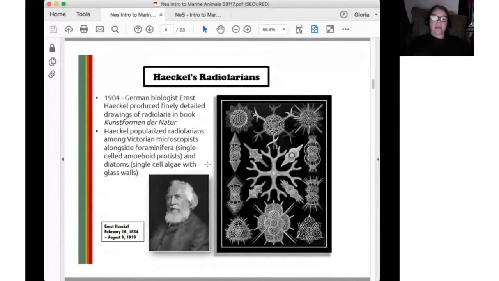Haeckel popularized radiolarians among Victorian microscopists alongside foraminifera, which are single-celled amoeboid protists, very tiny, microscopic, and diatoms, which, as we mentioned before, are single-cell algae with glass walls.